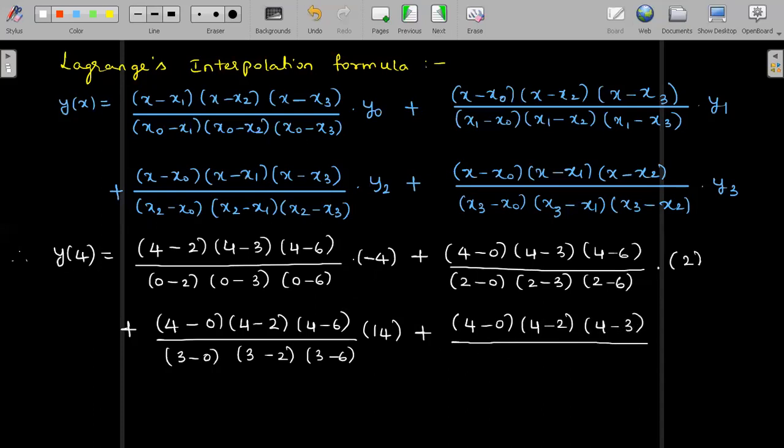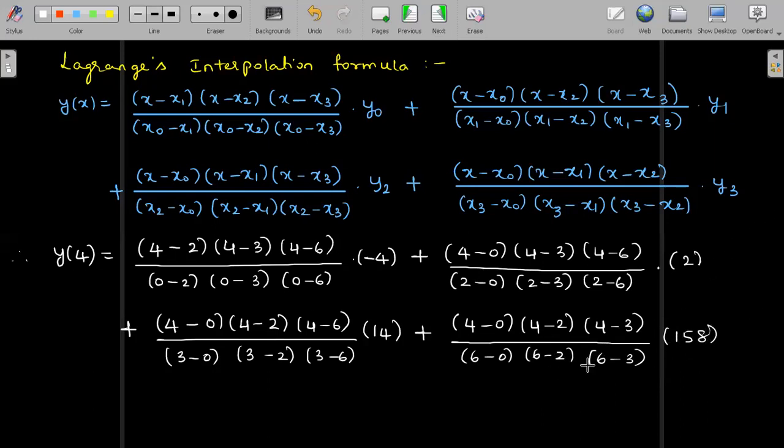Denominator 6 minus 0 into 6 minus 2 into 6 minus 3. And hence the multiplier in this case is 158 because y3 is equal to 158.